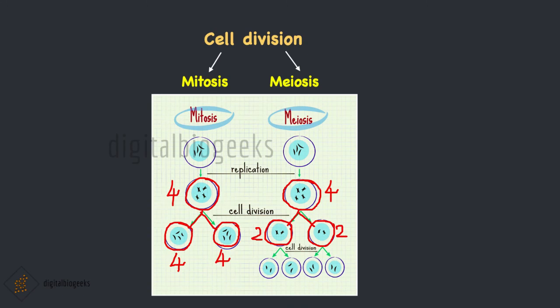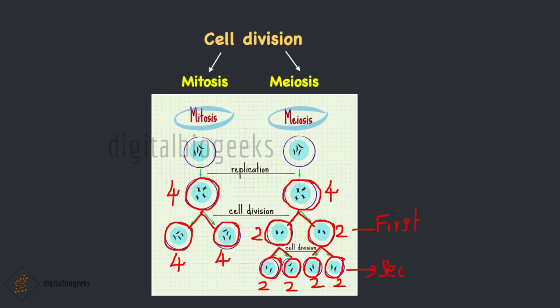Each of the daughter cells has 2 chromosomes, and these daughter cells again divide to form a total of 4 cells. But in this division, there will not be any change in the number of chromosomes. Each of these daughter cells has 2 chromosomes. This is the first division and this is the second division.